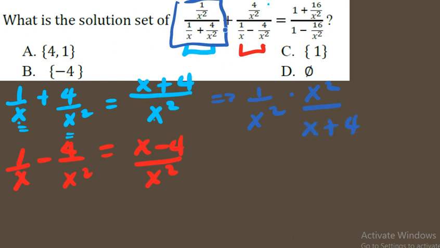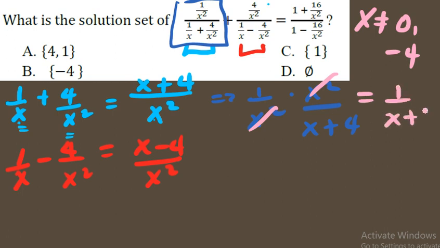Don't forget, let us restrict the domain. X must be different from, first of all, 0 and negative 4 also, because what makes it 0? It will be negative 4. So now I can cancel x square with x square. What is left? 1 over x plus 4. This means the first part.